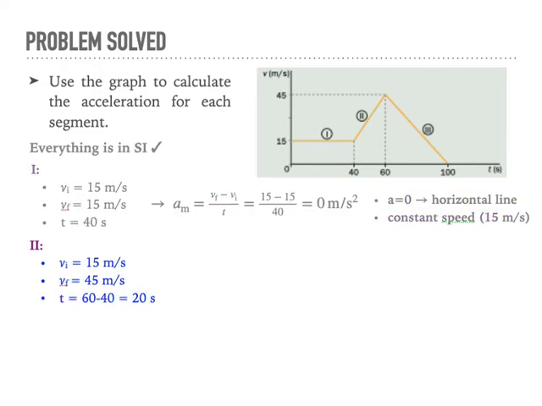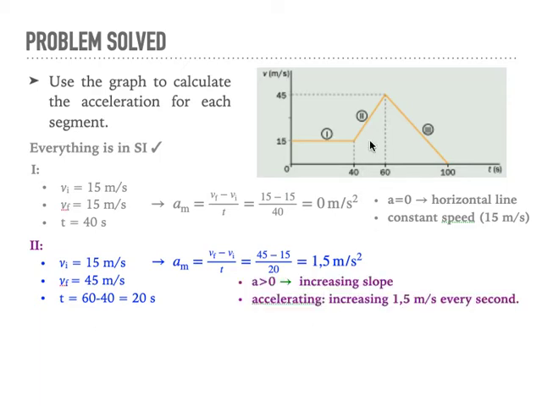Let's see the second segment. Here we have the initial velocity is 15 and the final velocity is 45 meters per second. And here, this is the time required from 40 to 60, that's 20 seconds. So I do the calculation, 60 minus 40 is 20 seconds, that's the time required. If I do the calculations with my formula, I put in the final speed minus the initial speed over 20, that is the time required, that's 1.5 meters per square second.